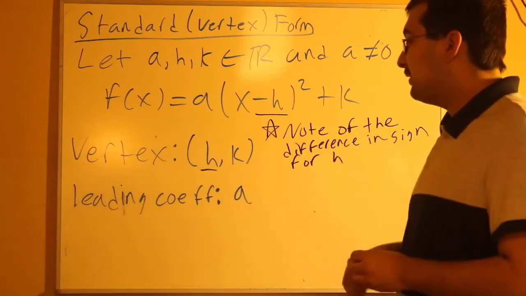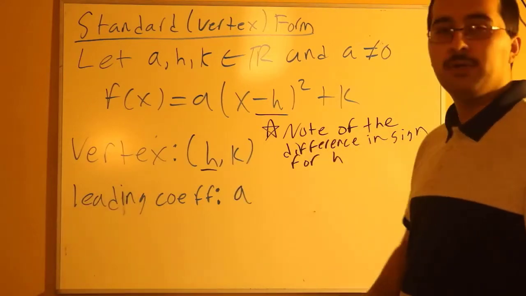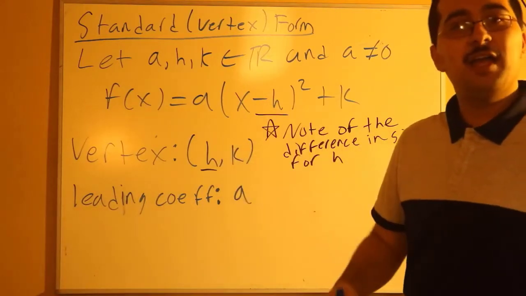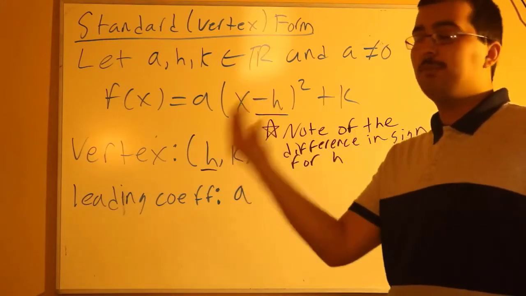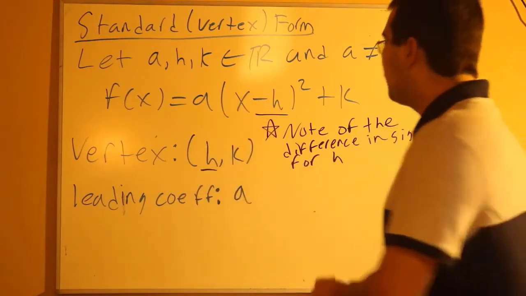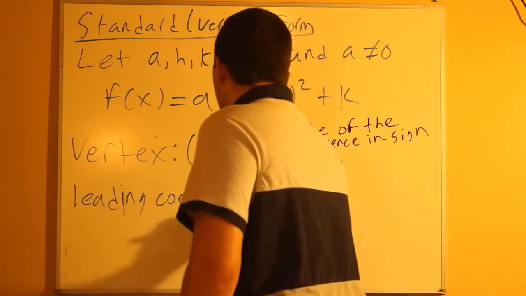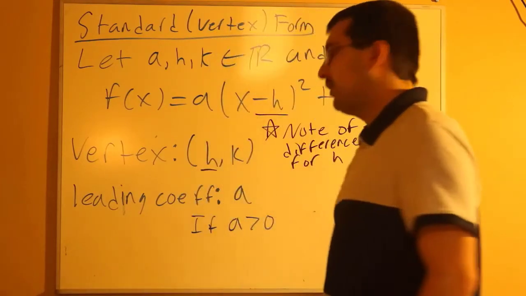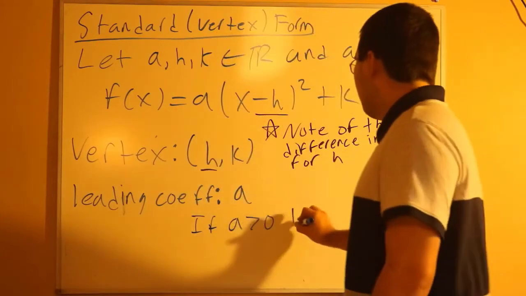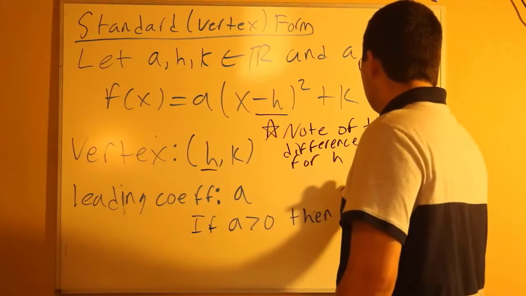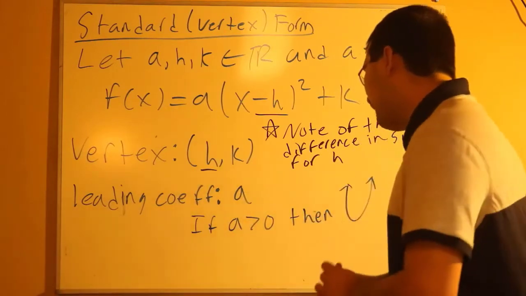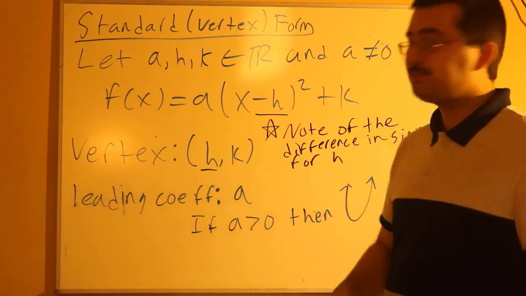And what the a is going to do for us, why it's so important, is depending on the sign of a, that tells you immediately whether it's opening up or it's opening down. In other words, if a is greater than 0, so if a is positive, then you get a parabola that opens up.